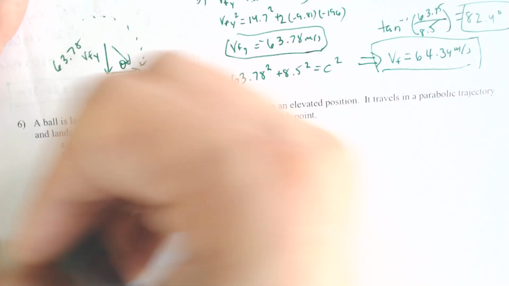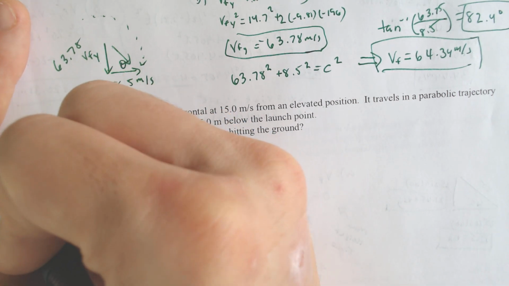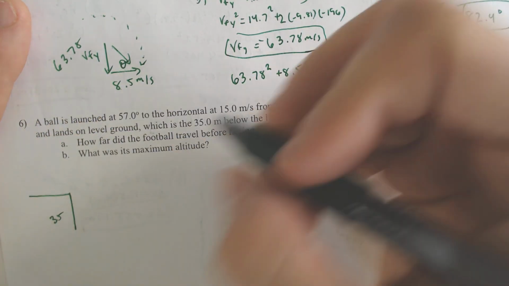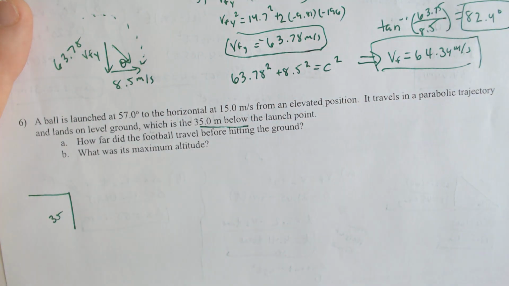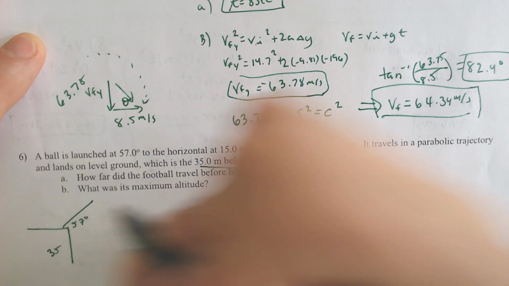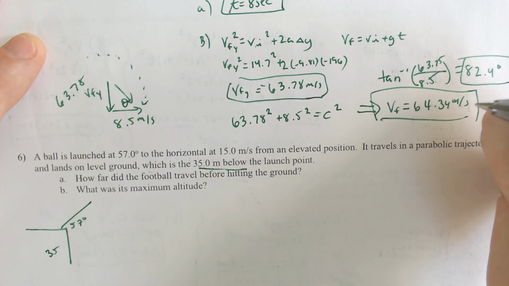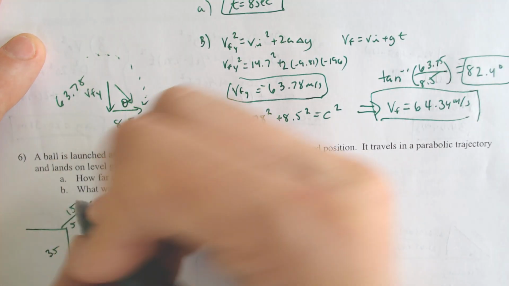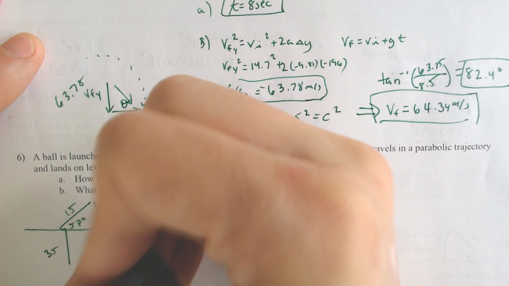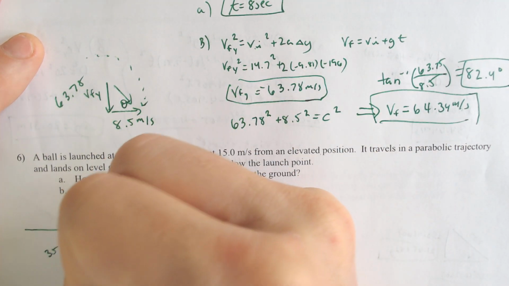So for part A, actually, let's draw a picture here. We got a cliff that is 35 meters high because it said 35 meters below the launch point. It was launched at an angle of 57 degrees to the horizontal at 15 meters per second. We need to find our initial for y and our initial for x.